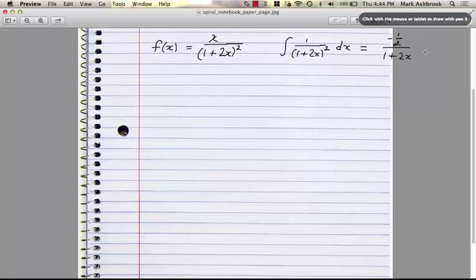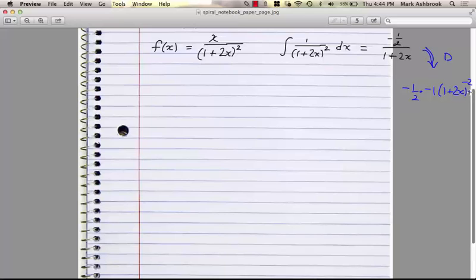So take the derivative. It's going to be negative 1/2 times negative 1 to the 1 plus 2x to the negative 2, right? Times 2. And so we got negative 1 times negative 1/2 times 2 is 1 all over 1 plus 2x quantity squared.